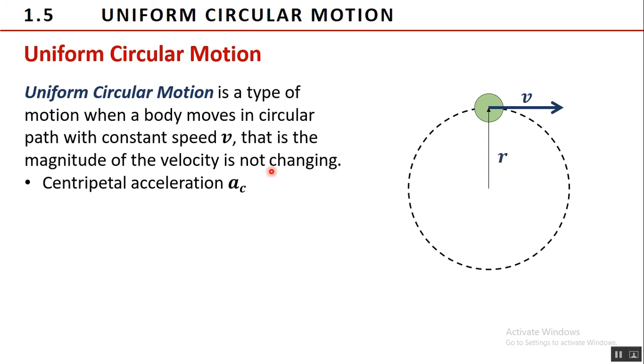However, in order for a body to turn around the circular path, the direction of this velocity is continuously changing. This change in direction corresponds to acceleration called centripetal acceleration a sub c, that compels the body from straight line motion into circular motion. In the next section, we will discuss the kinematic quantities and equations for this type of motion.